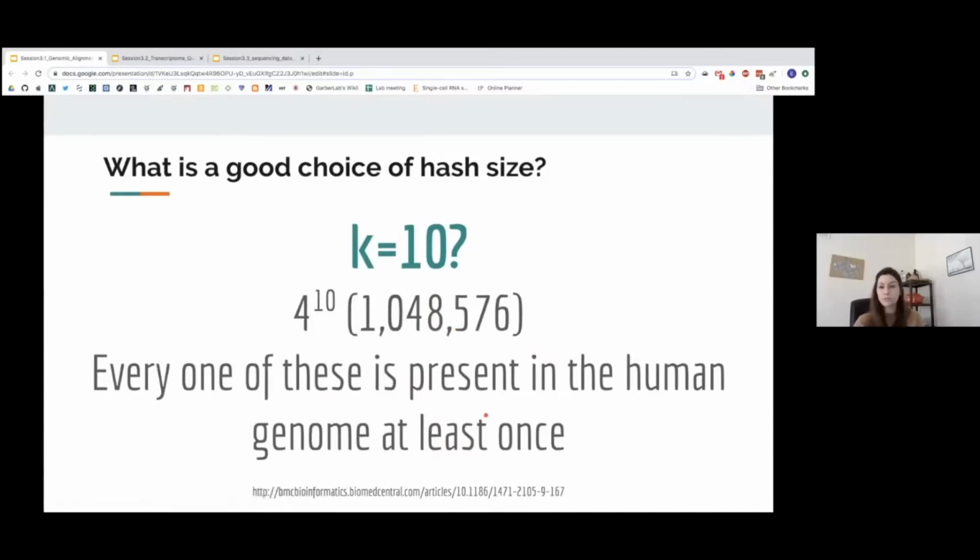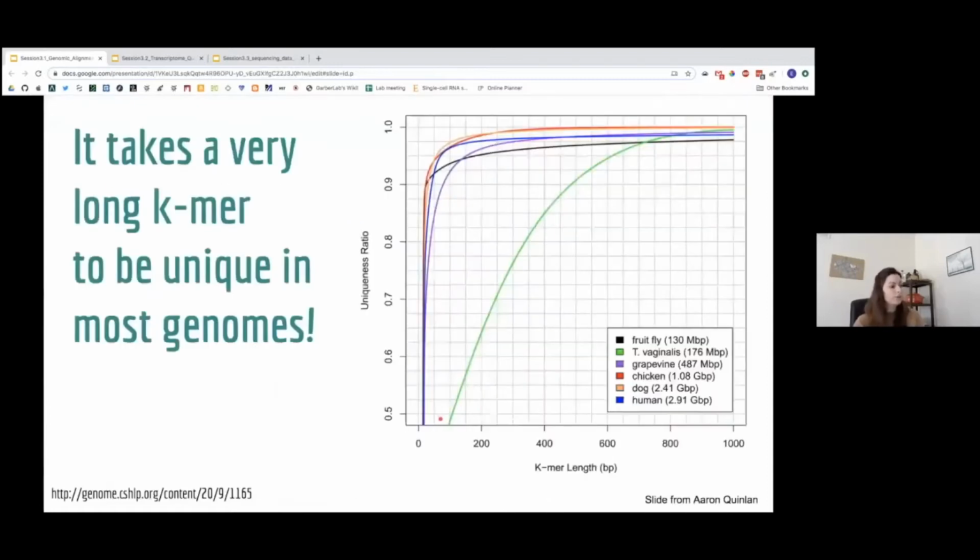All right, so what I want to show with this graph is that it takes a long k-mer to be unique in most genomes. So what I'm showing here, for example, you can see this start around 10 bases. This line here represents 50 bases.